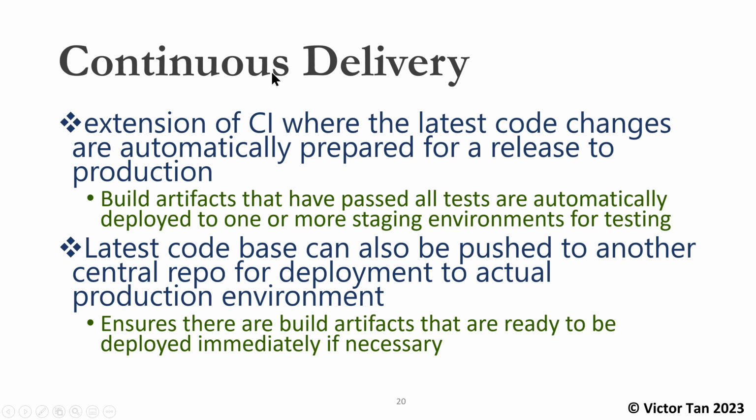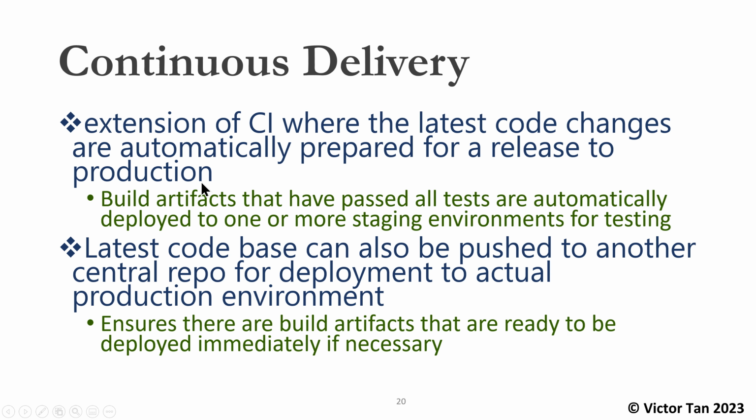Then you have something else called CD, continuous delivery. So what is continuous delivery? Continuous delivery is an extension of CI where the latest code changes are automatically prepared for a release to production. Remember that at the end of the day, after you have made all those latest code changes, your main code base has been compiled and has passed all the tests, and it is going to be deployed on a production server.